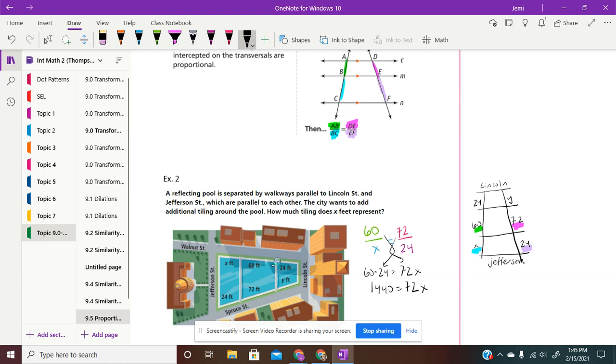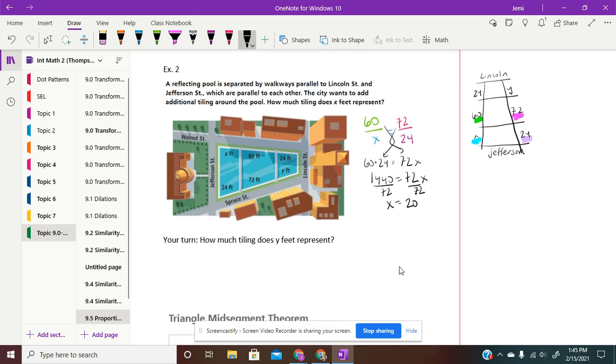Now when I divide by 72, I get x equal to 20. The question is how much tiling does x feet represent? So my answer is going to be 20 feet. X represents 20 feet.